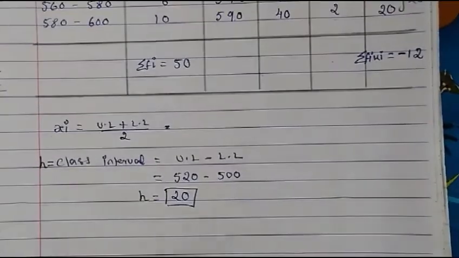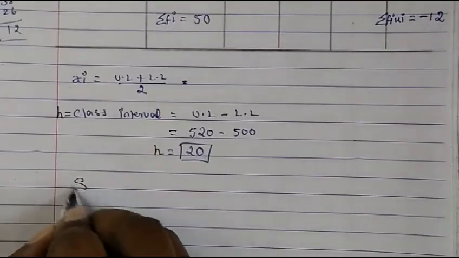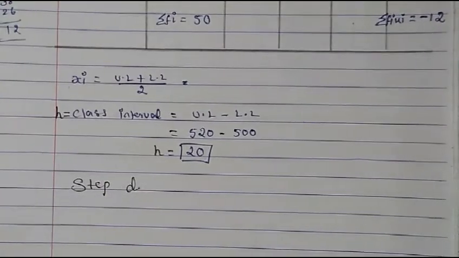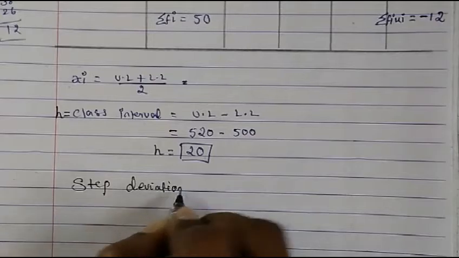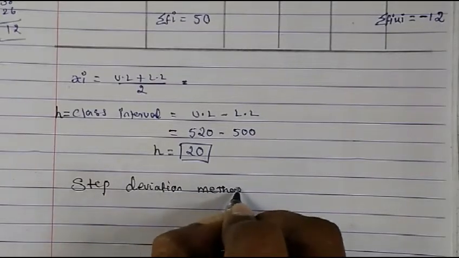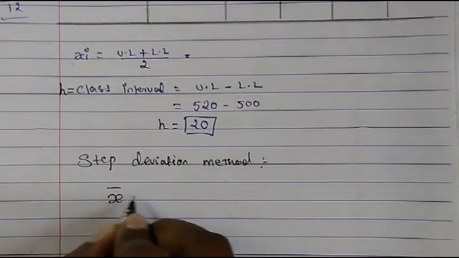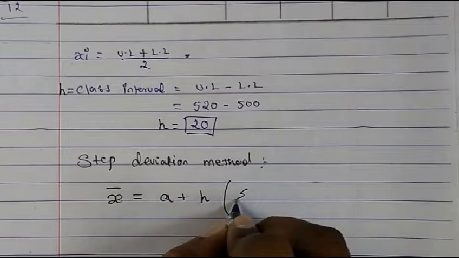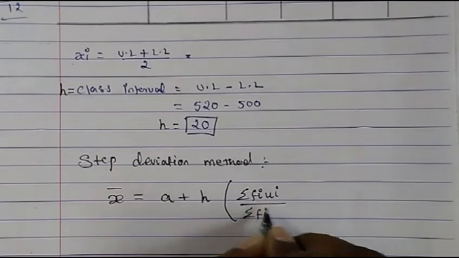So now just put it in the formula for the step deviation method. Okay, I am teaching you the step deviation method. So the step deviation method formula is x bar equal to a plus h summation of fi ui divided by summation of fi.